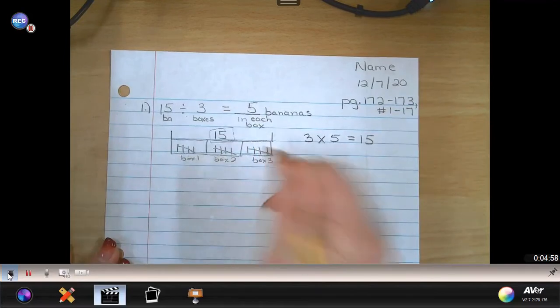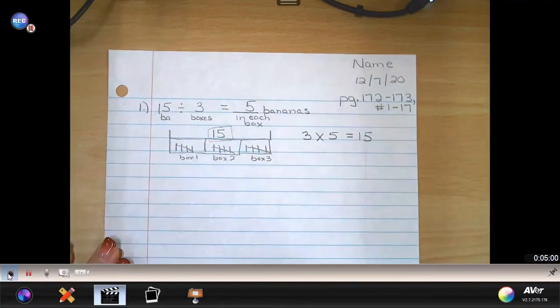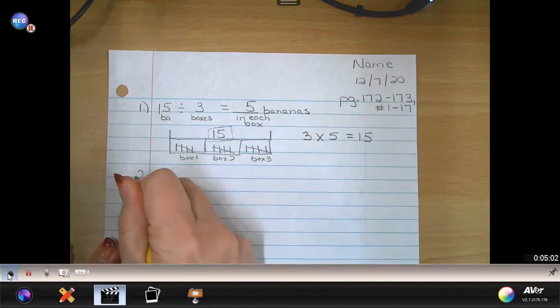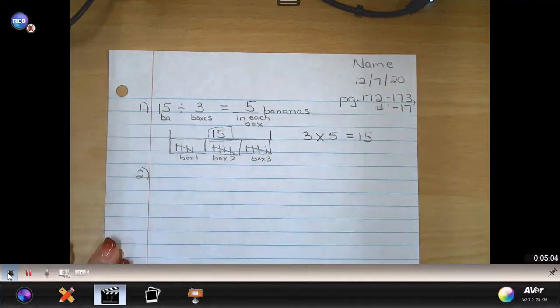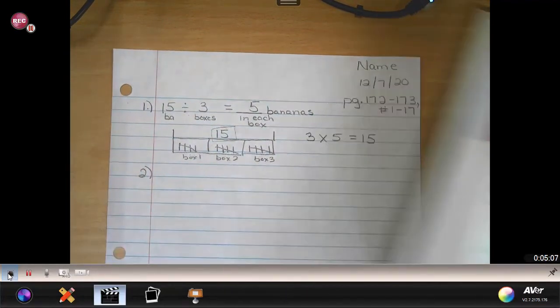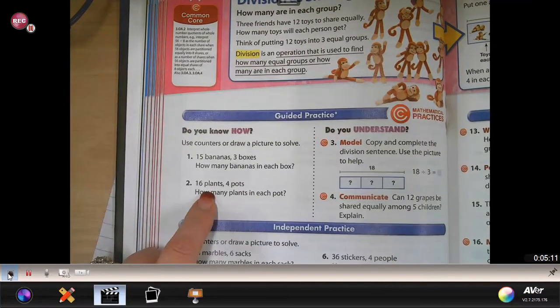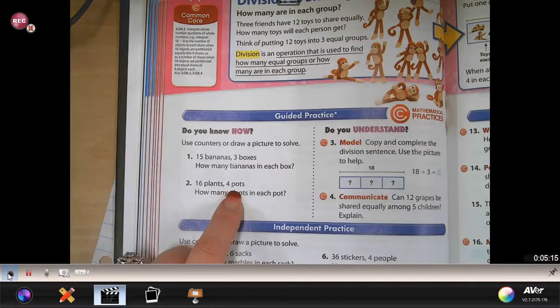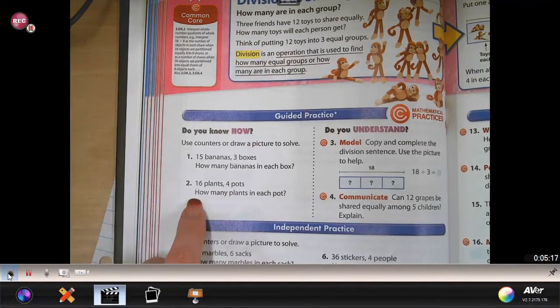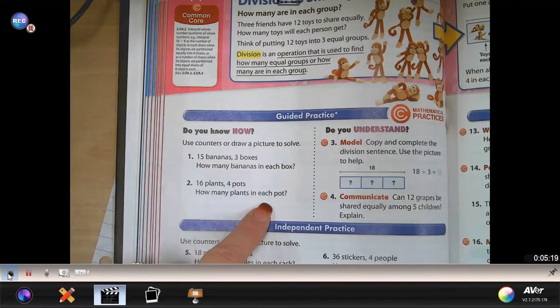Okay, number 2. Skip a line. Number 2 is, take a look at the problem. It says there are 16 plants, and we're going to put those plants into 4 pots equally. How many plants will there be in each pot?